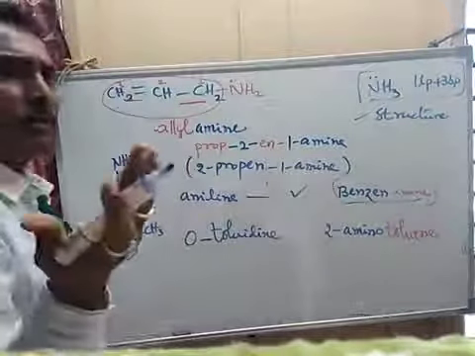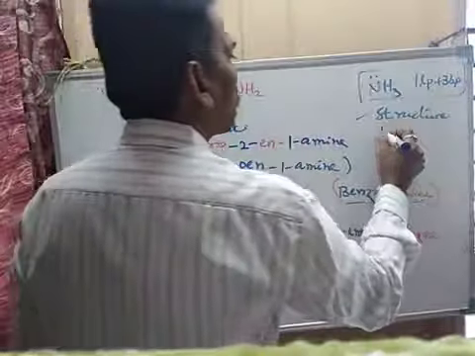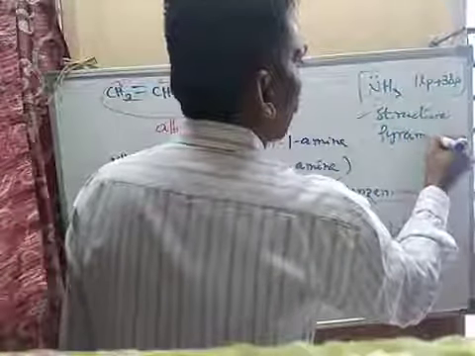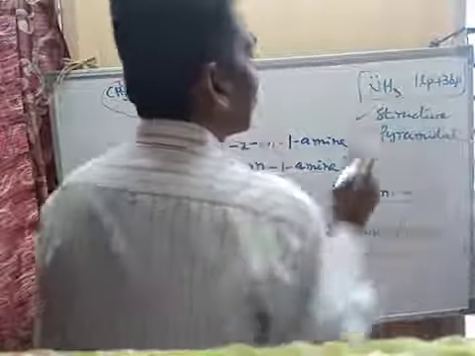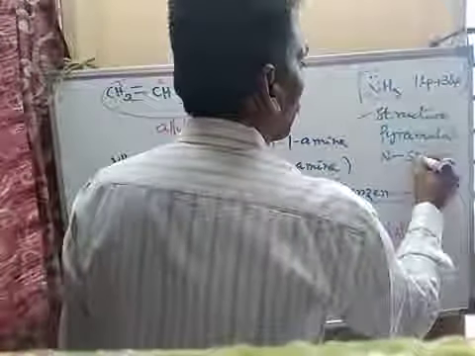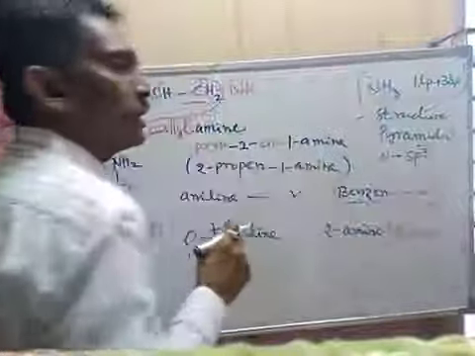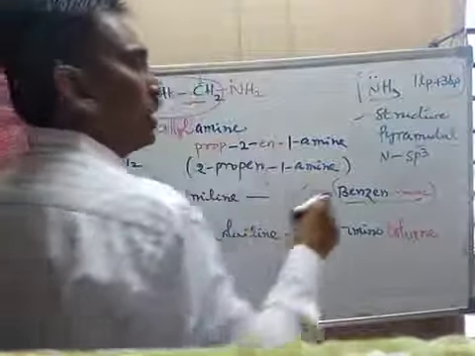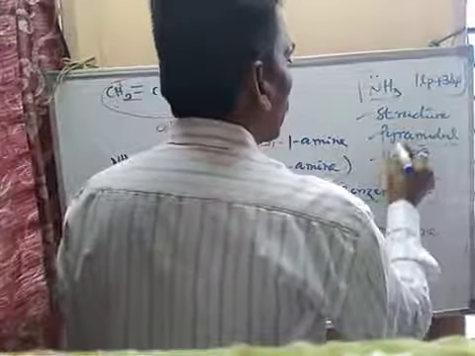Ammonia is very familiar to you as a pyramidal structure, and amines also exhibit a pyramidal structure. Why? Because the central atom is nitrogen. So the nitrogen atom undergoes sp3 hybridization, and in amines, lone pair electrons are present on the nitrogen atom. Hence the shape is pyramidal, sp3.